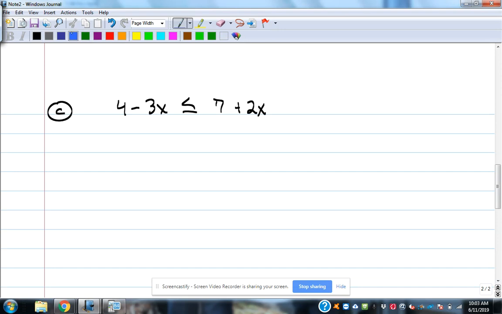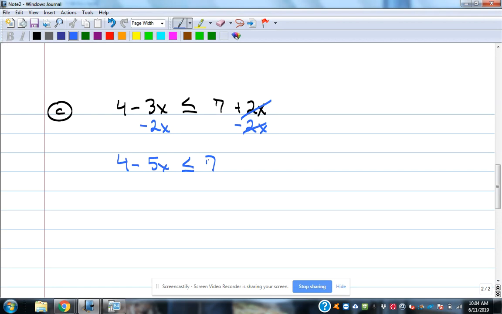One of the rules of thumb that I usually use for inequalities is I try to get all my x's to the left because it makes it much easier to graph. So instead of moving the 3x over here with the 2x, I'm going to move the 2x to the left. And that'll help me when it comes to graphing it later on.